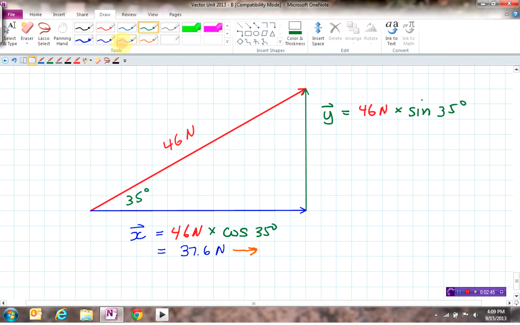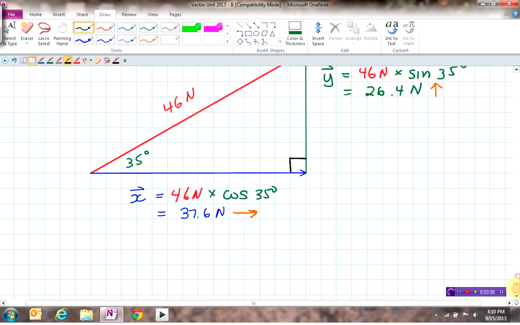And once again, if you do the arithmetic, put that in your calculator, you should come up with 26.4 newtons. And once again, tell you the direction of that vector, that the vector is going straight up and down. Remember, these are the orthogonal components of this particular vector.